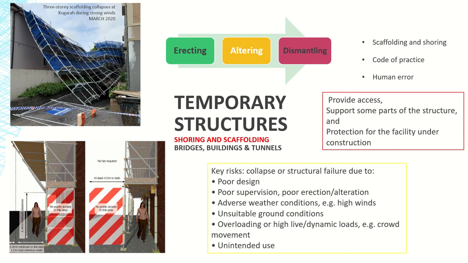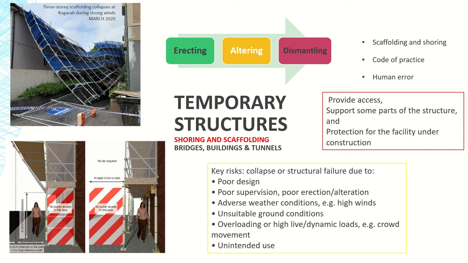But the main, or key, risk can be the collapse of the structure, and there are a couple of items that can affect the collapse. One of them is the design process. If the design is poor, there is a possibility that the temporary structure will collapse.